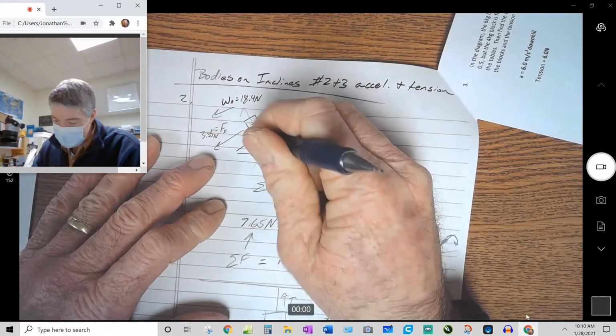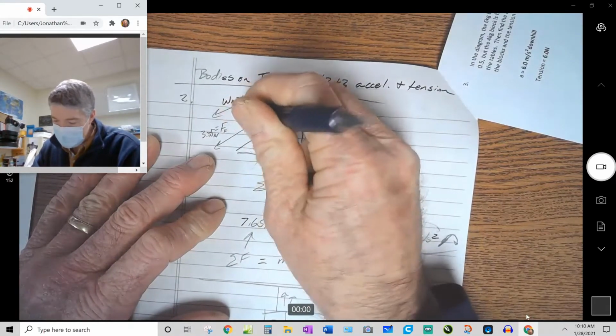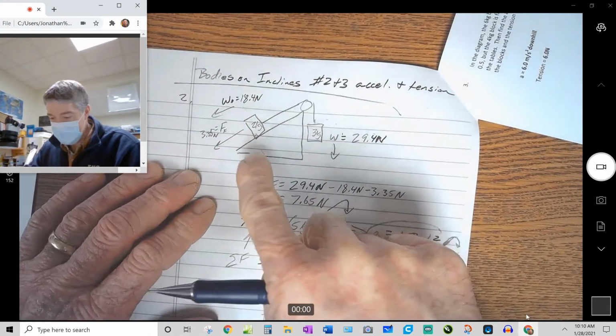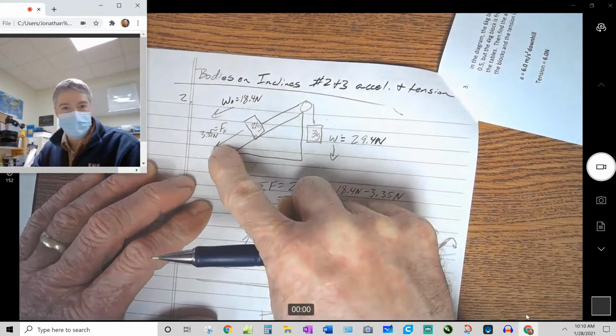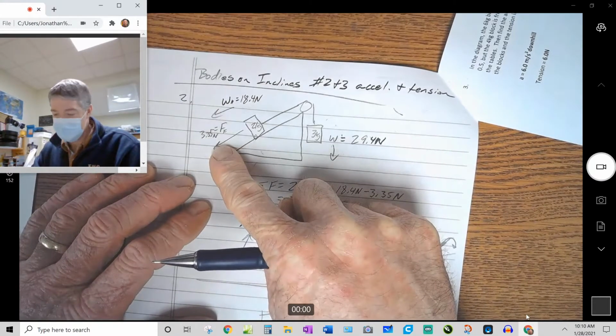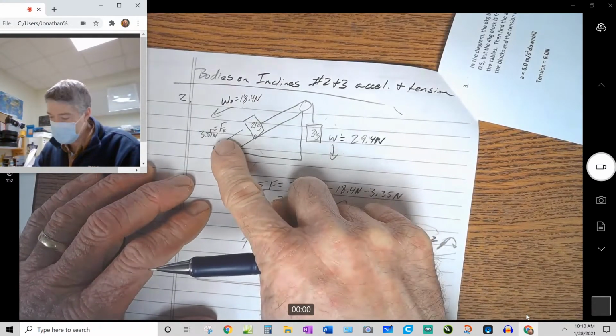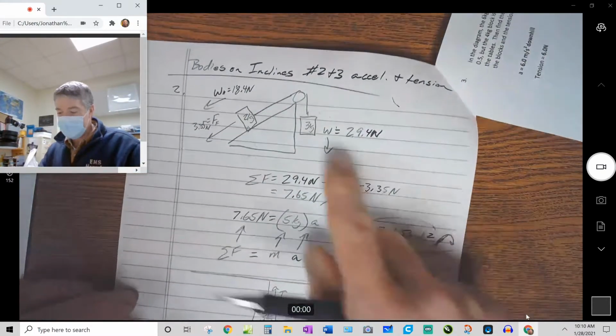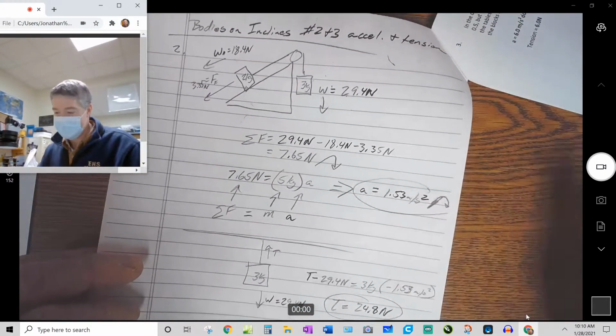So I want to go back and spend a little bit of time explaining how I came up with that parallel component and this friction, and then I'll jump back to this.